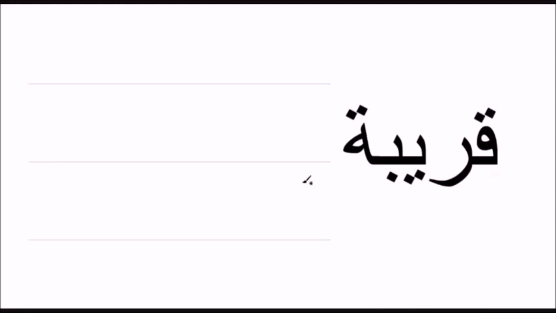The word qaribe means close, and the ta marbuta at the end of the word makes it feminine. This is how we write it. Qaf continues into a ra, which doesn't join, then ya, a ba, and the ta marbuta is written like so.